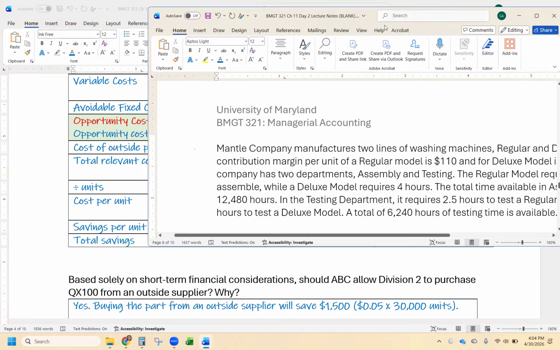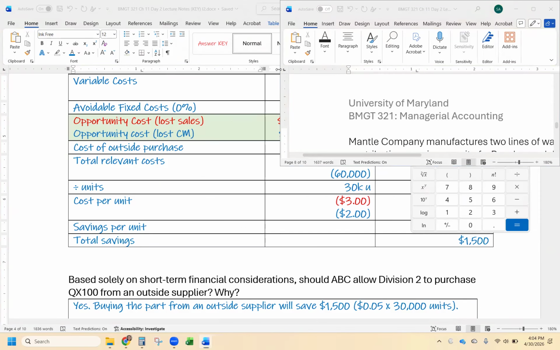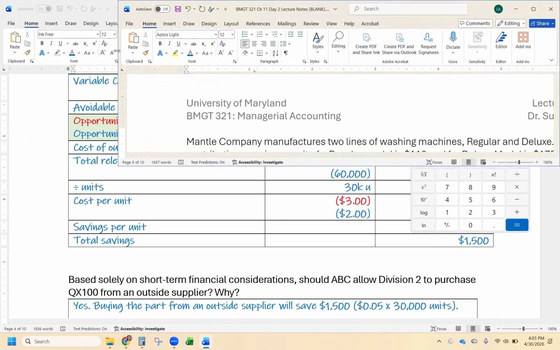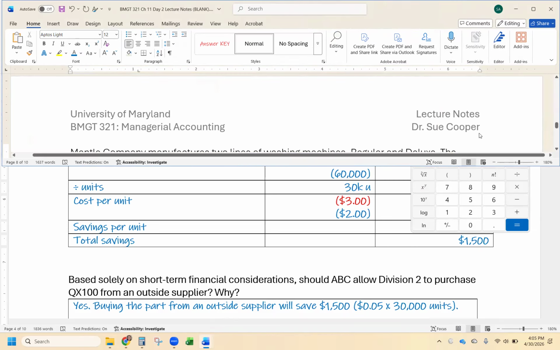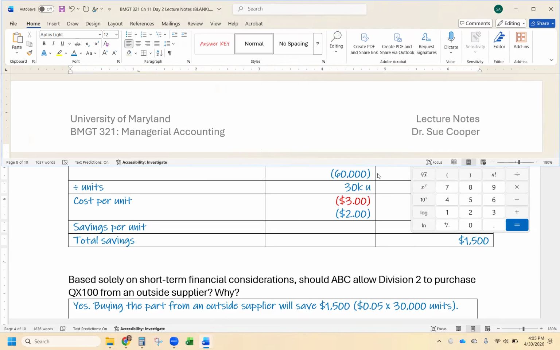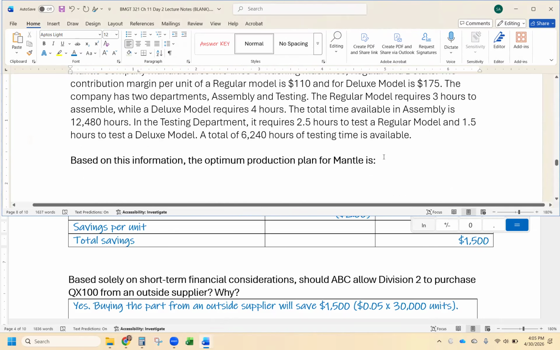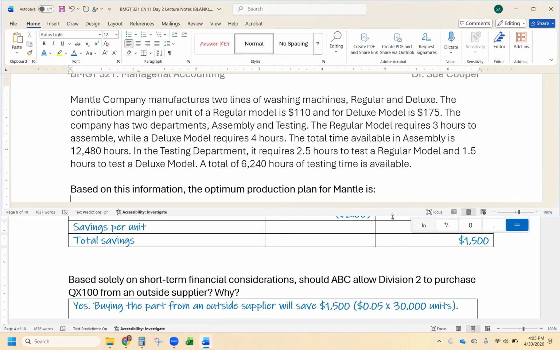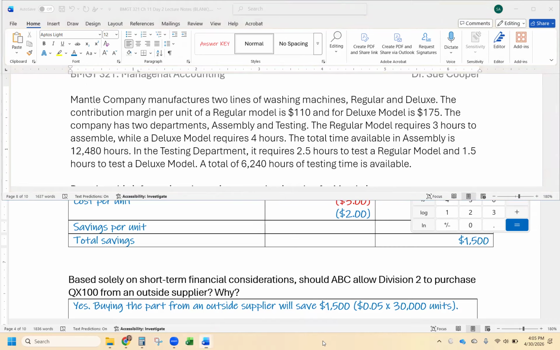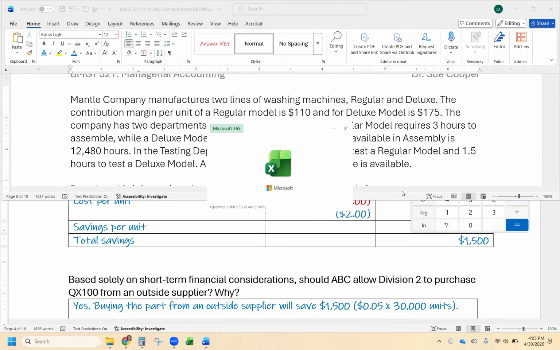So let's see. I want to put this one. What I really want is like this. There we go. All right, so the first part of the question says, Mantle Company manufactures 2 lines of washing machines, regular and deluxe.